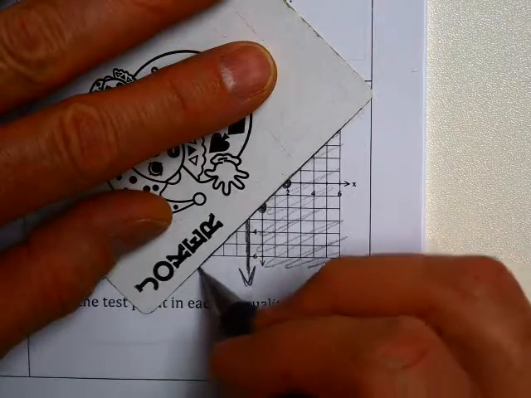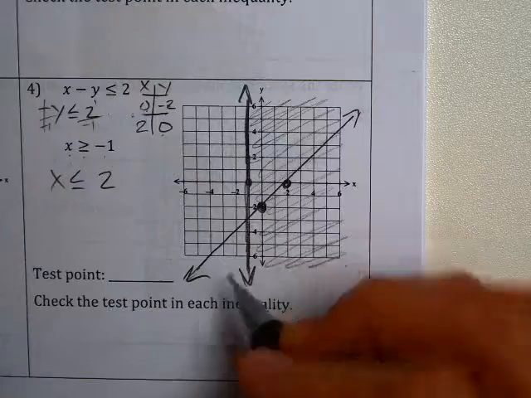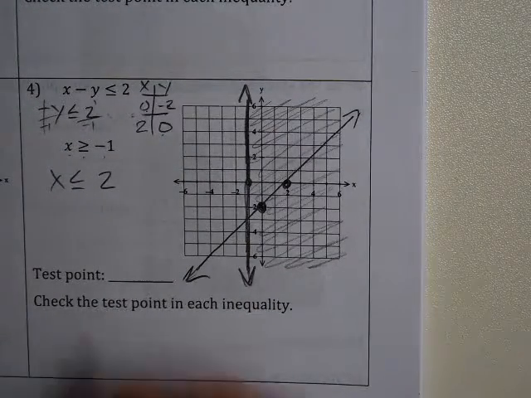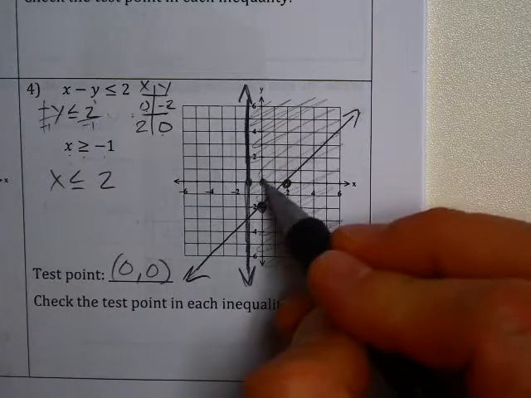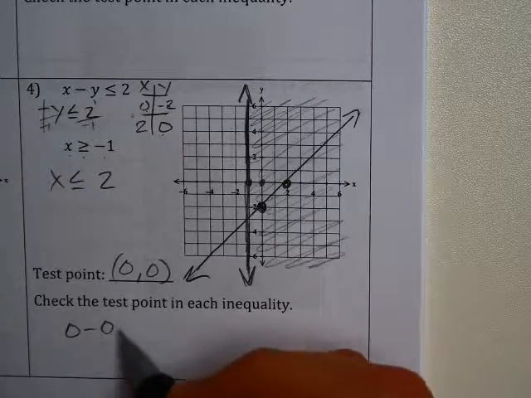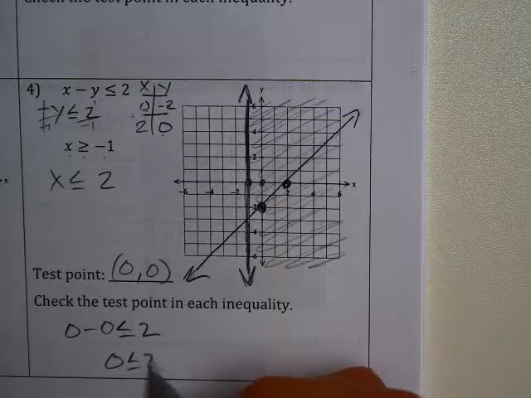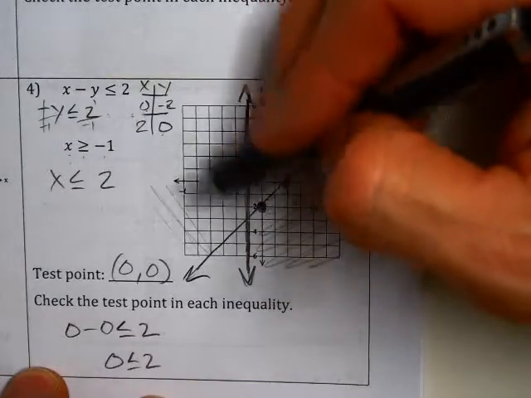This one I do need a test point. What could I pick? 0, 0. Yeah. So if I plug in 0, 0 right here, is 0 minus 0 less than or equal to 2? Is 0 less than or equal to 2? That's true, right? So this is going to shade this way.